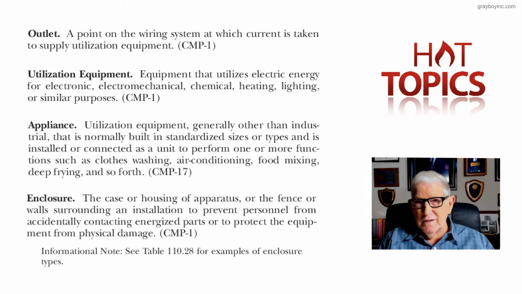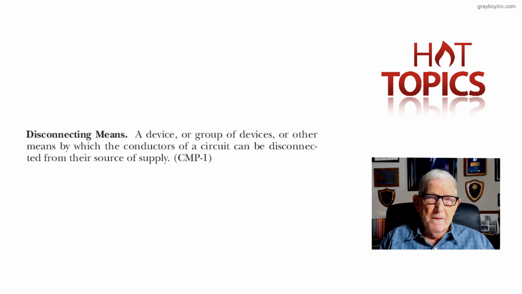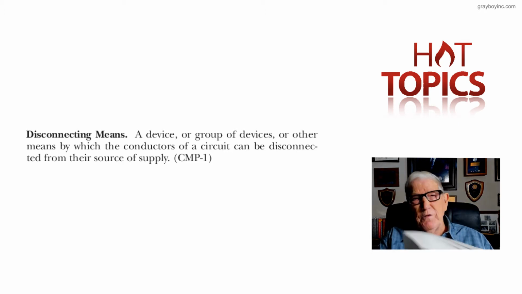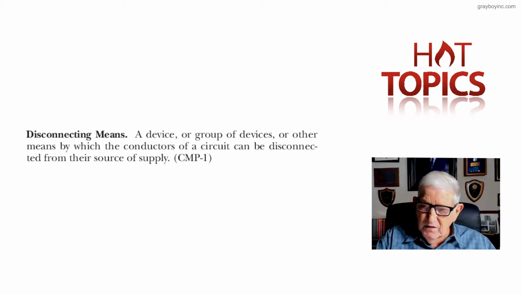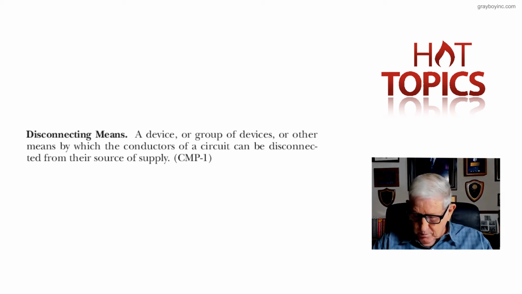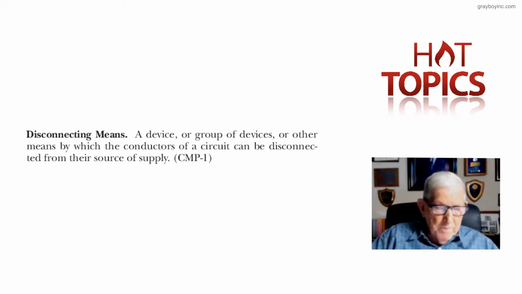Now, so we've looked at that definition. The other thing that becomes an issue with providing this GFCI protection is a disconnect. Is a disconnect considered an outlet? And so we want to review now the definition of a disconnect on page 34.